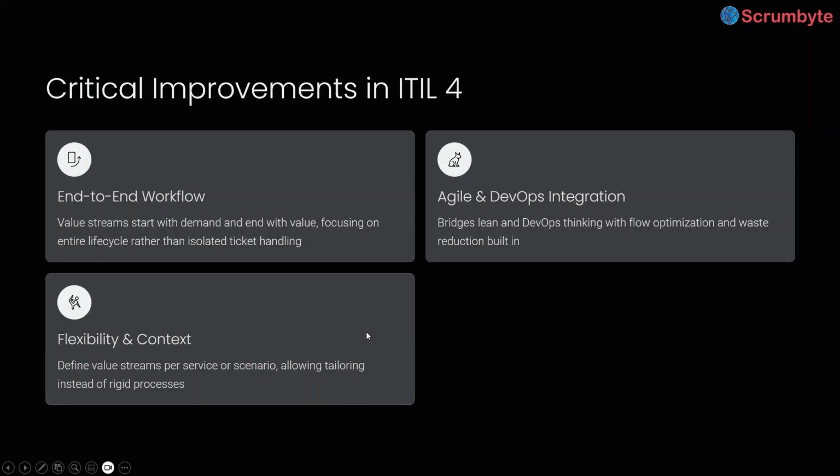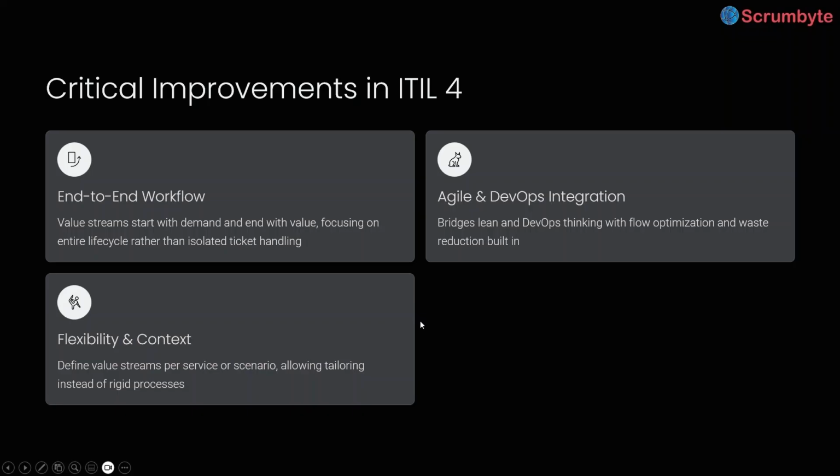Flexibility. As we already talked about, we are focusing upon a service or a scenario. So instead of very rigid processes, we are saying, okay, how do we move through this scenario by utilizing various services or different practices that are available, and we are going to join them together in different ways.